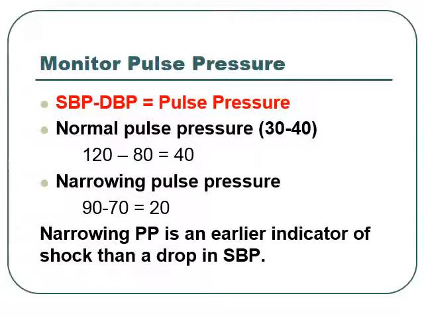And that is an early compensatory mechanism in response to a decrease in our stroke volume, okay, and our blood pressure, which in turn affects cardiac output. Okay, so the reason that is an earlier indicator is because if we have an increase in our diastolic blood pressure, that indicates vasoconstriction, and that is an early compensatory mechanism in response to decreased blood pressure and cardiac output.